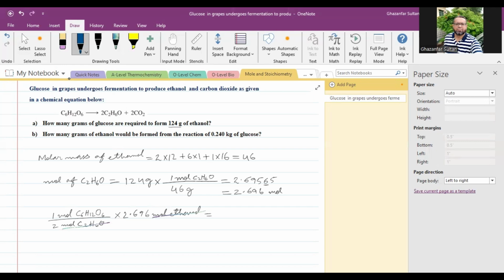So that answer would be 1.3478 and so on, more. But again, we have to convert it into maximum 3 decimal places. So for removing this digit, 1 should be added to the retaining digit. So 7 becomes 8. So 1.348 mole. And these are the moles of glucose.